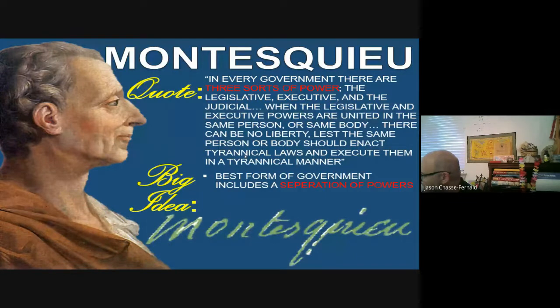So of course you'll see the application of this with the U.S. Constitution. It will chop up authority not just into multiple branches, but also into bicameral legislatures. All right, so that's Montesquieu.